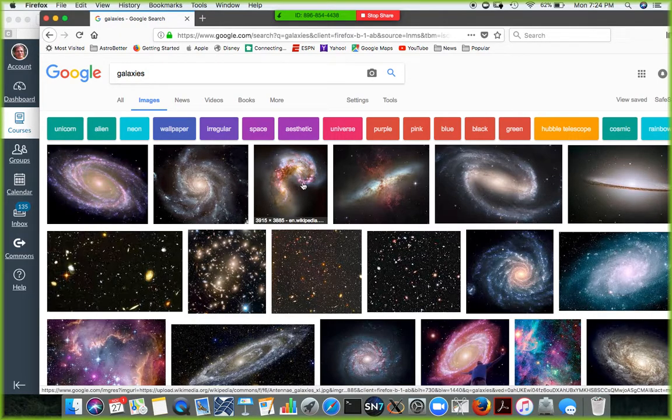This is different. This seems to be something I have some idea what it is, but if I looked at this for the first time, I wouldn't know what to say. If somebody told me, okay, this is a galaxy, I wouldn't know if this is a spiral. It doesn't look like a spiral. This looks like a spiral, right?